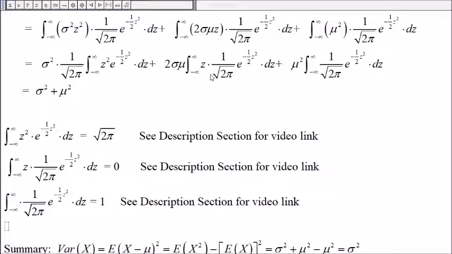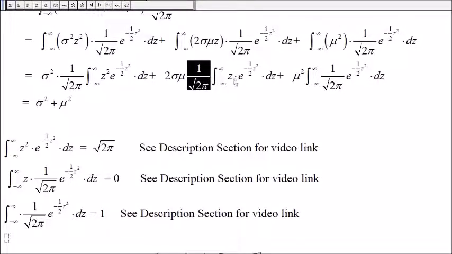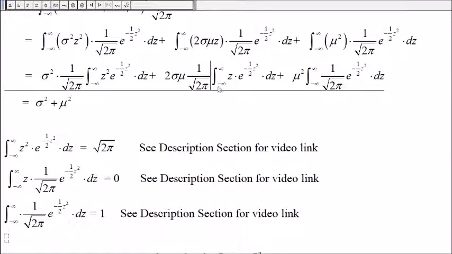We also showed that the integral of z times e to the negative 1/2 z squared is equal to 0. See the description section for the video link.